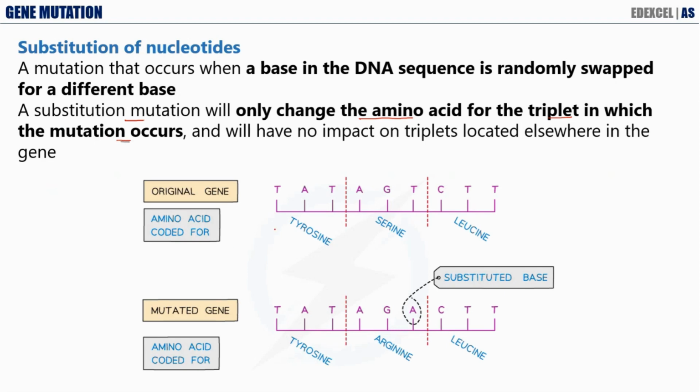If you look at this diagram, we have a genetic code and the amino acid sequence is tyrosine, serine, and leucine. Because of the substitution, this T has been substituted with A, and that caused the substitution of serine with arginine. But the rest of the amino acids are still the same. Okay, clear?